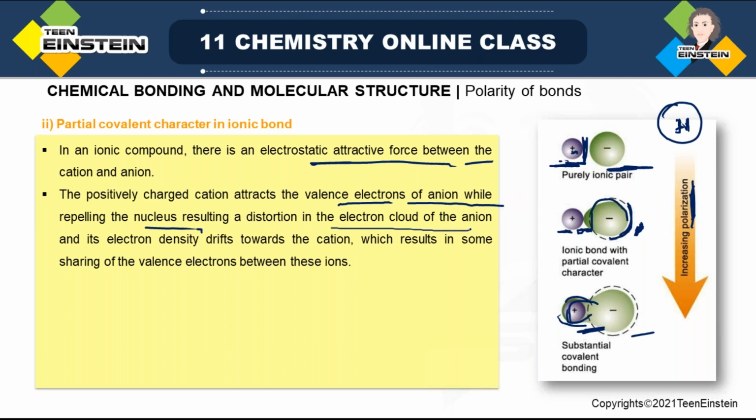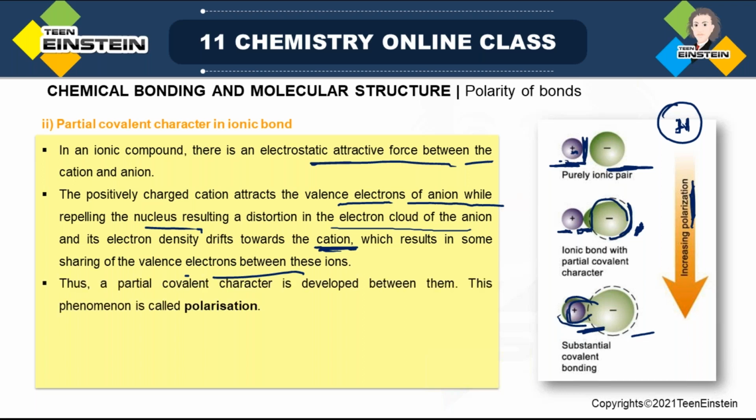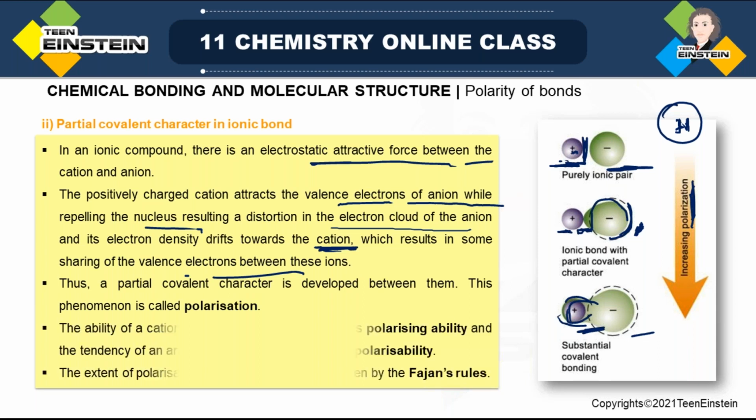Because of this polarization there is distortion of the electron cloud, and as a result this electron density is drifting towards the cation, which results in some sharing of valence electrons. In this way the covalent character is induced. Now you cannot say it is a pure ionic bond, right? So a partial covalent character is developed between them, and this phenomenon is polarization.